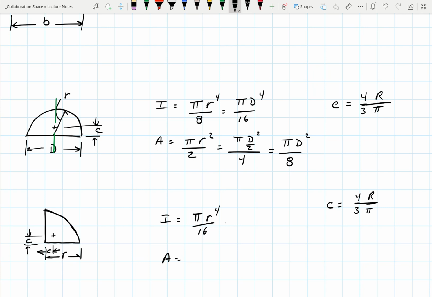And if you want to do D, probably shouldn't at this point because we're getting crazy. Area? Pi r squared over 4. Okay. Here's your cheat sheet, folks.